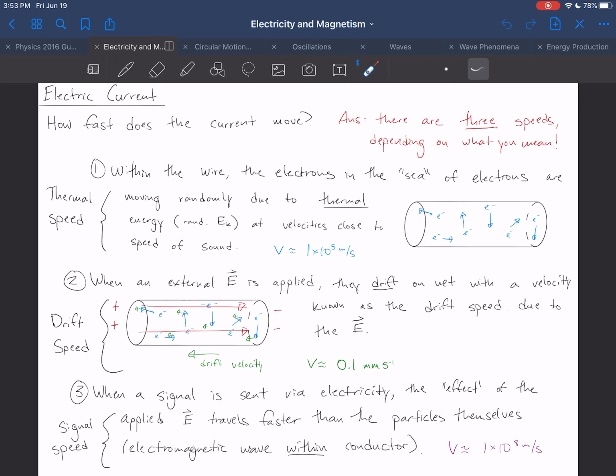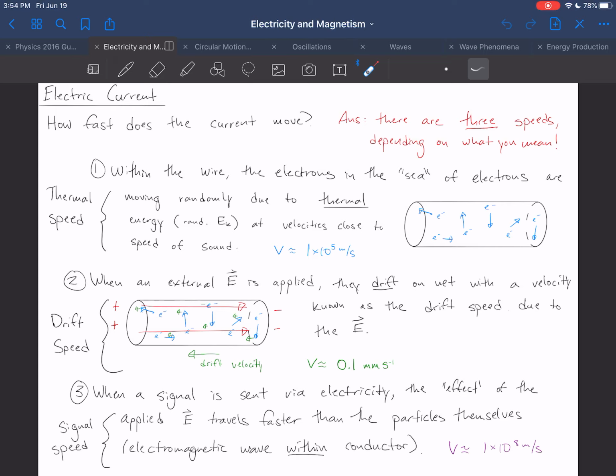If a river current were flowing, you could ask, well, how much water is moving and how fast are the water particles moving? And we have to be a little bit careful, though, with electric current because there are actually 3 separate speeds for electric current, depending on what you mean by fast or by speed. Okay, so there are 3 different things going on, and we need to keep them straight.